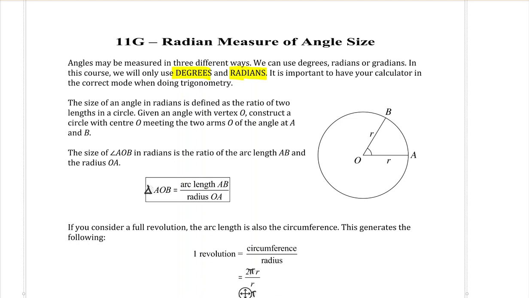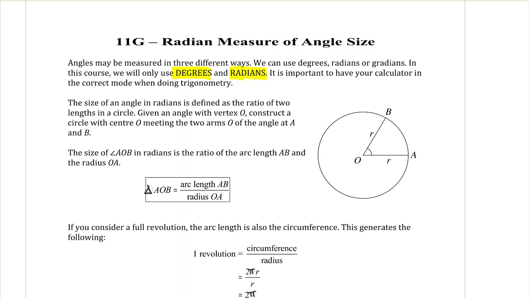But what it means is the size of the angle in the diagram over here would measure 1 radian if the sector that we have cut off there with two little radiuses, that the length of AB is also the same length as the radius, obviously just curving. Okay, and so that is how a radian is measured.